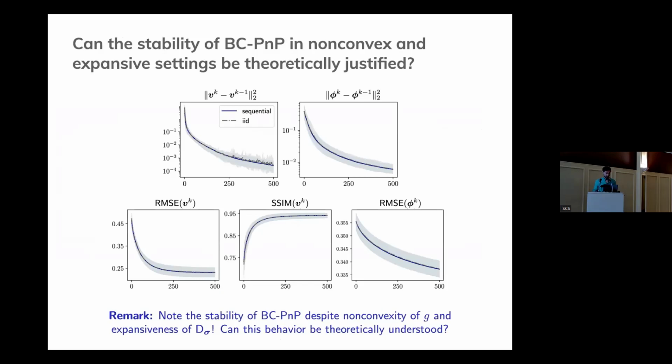And finally, one thing you can notice here, I didn't say anything about convergence theory. One interesting thing is that in all these applications that I showed you, we didn't train the image denoiser to be non-expansive. It was just a convolutional neural network trained to minimize the MSE. We didn't care about convergence theory, non-expansiveness, and so on.